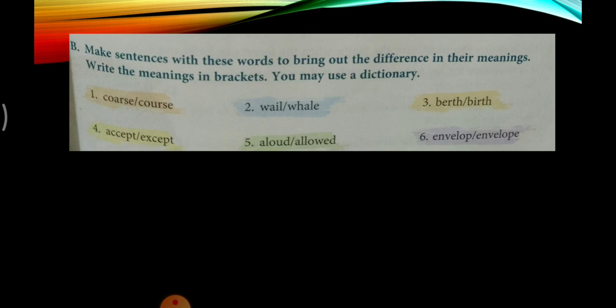Okay, so here's the task. First is course and course, veil and veil, birth and birth, accept and accept, allowed and allowed, envelope and envelope. So you will have to make sentences. But there is a surprise for you.